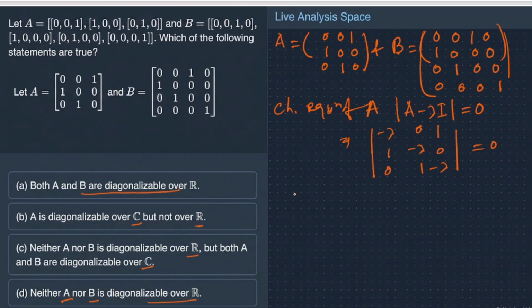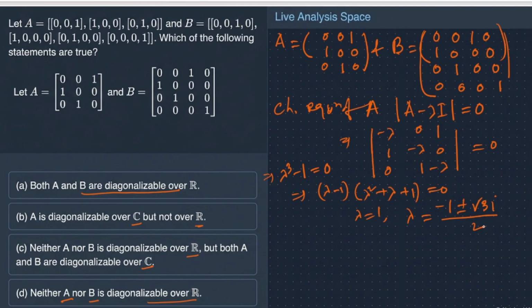Expanding this determinant, we get lambda to the power 3 minus 1 equals 0. That is lambda minus 1 into lambda square plus lambda plus 1 equals 0. Therefore, lambda equals 1 and lambda equals minus 1 plus or minus root 3 i by 2.